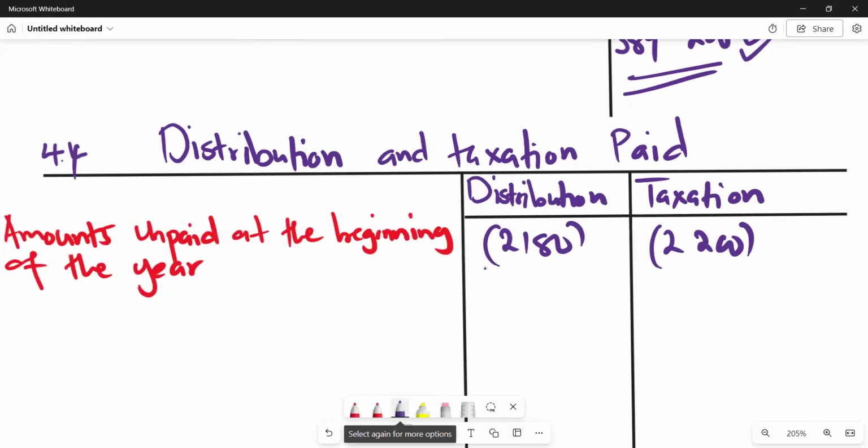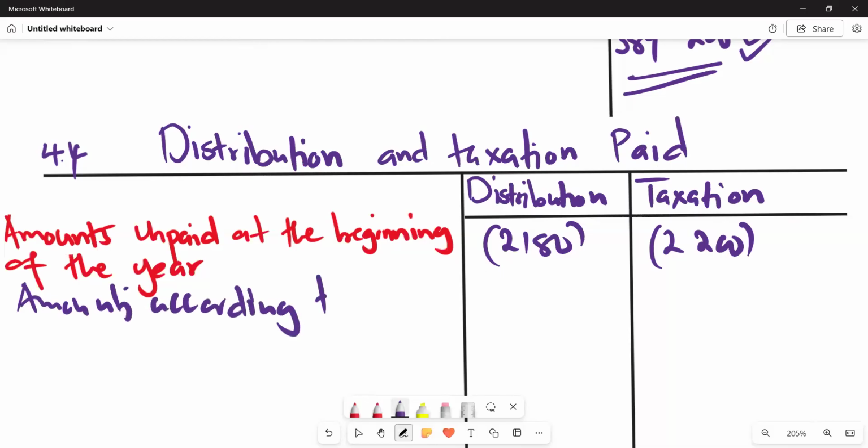And then beneath that, we are going to adjust for amounts according to the income statement.